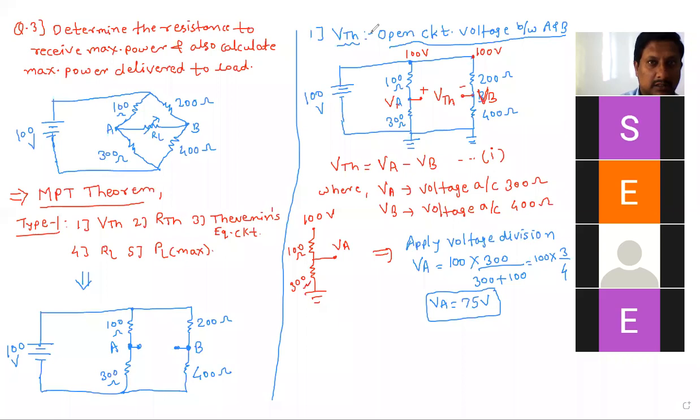The second branch you can take here. So this is 100 volt. This is 200 ohm. And this is 400 ohm. And VB you are taking here. VB is nothing but voltage across this 400 ohm. So apply the voltage division again.